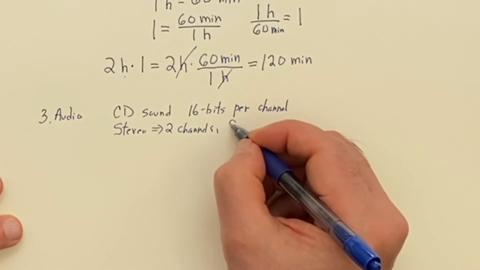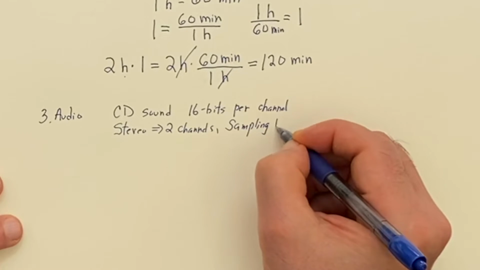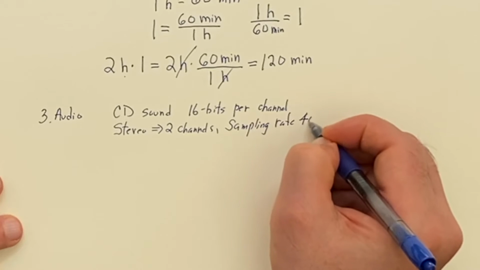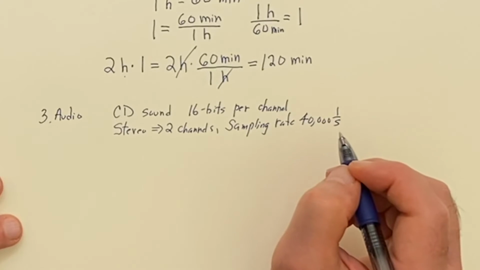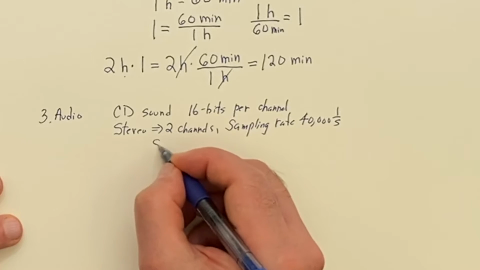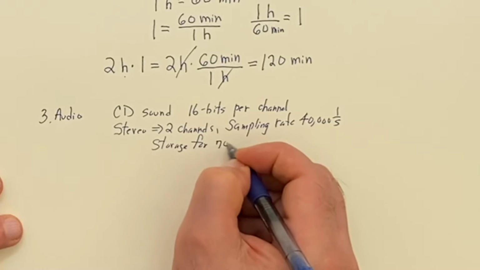And the sampling rate is 40,000 per second. Estimate the storage. What is the storage for 70 minutes of music?